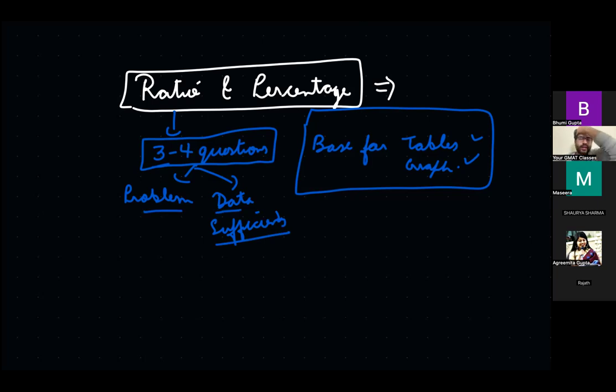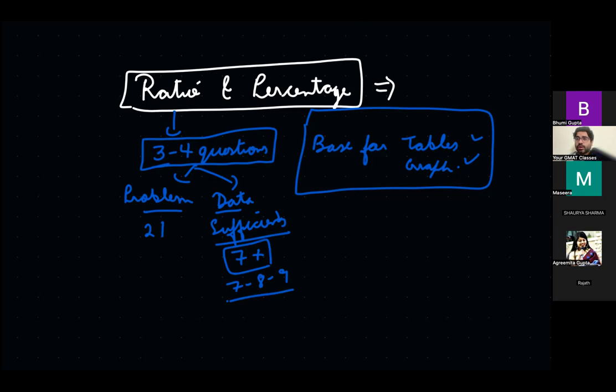But you should know that every quant question is asked in 2 categories, either problem solving or data sufficiency. I have already told you that in problem solving you get 21 questions and in data sufficiency you get 7 plus. So you can get 7 to 8 to 9 questions depending on how the algo is working for you.